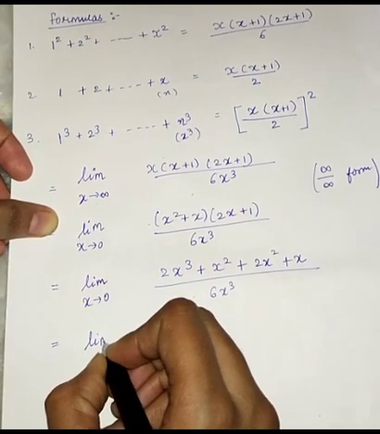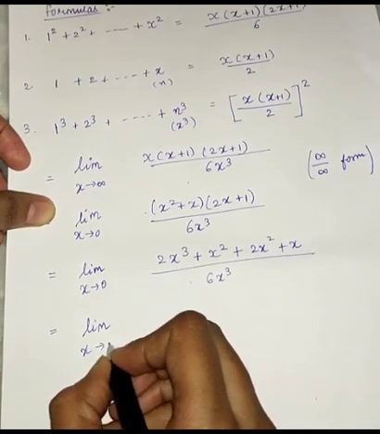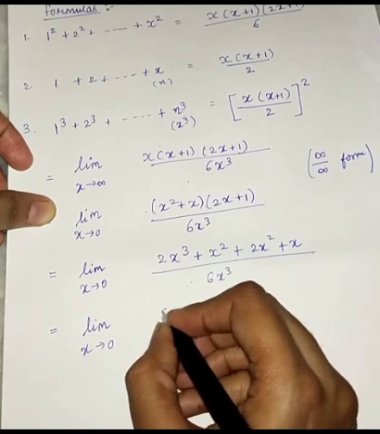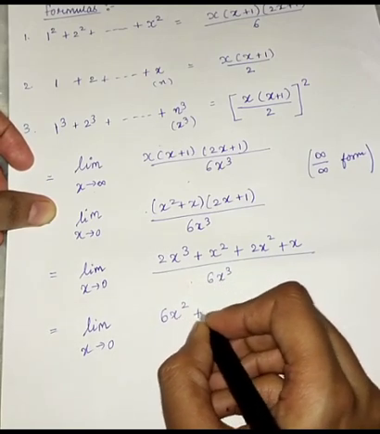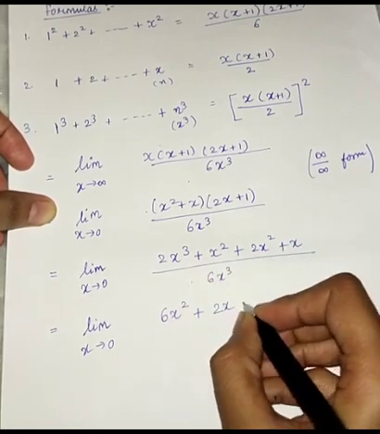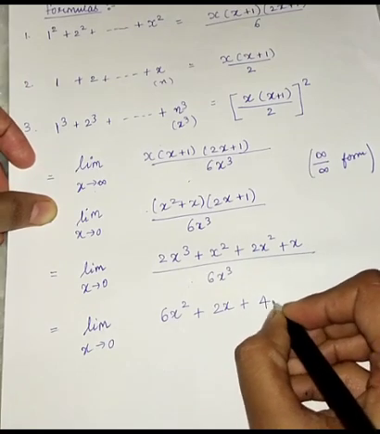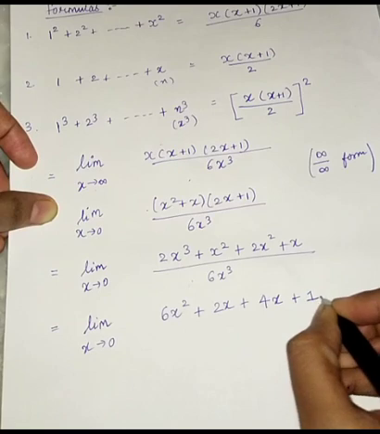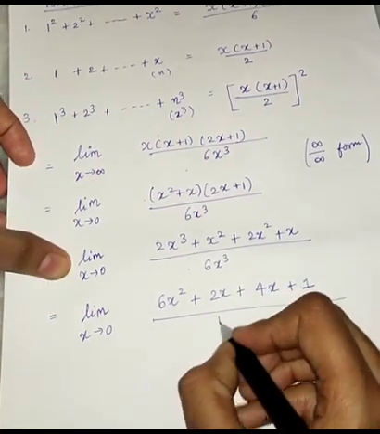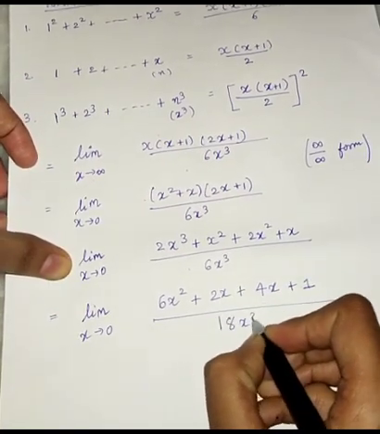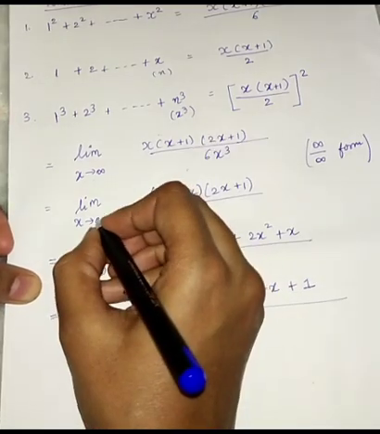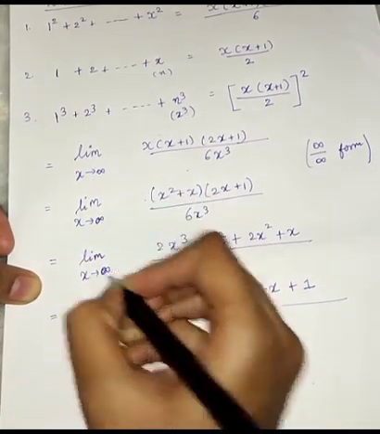So limit x tends to infinity. Differentiation of 2x cube is 6x square, plus 2x plus 4x, plus differentiation of x is 1, upon 18x square. Sorry, here the limit is infinity.